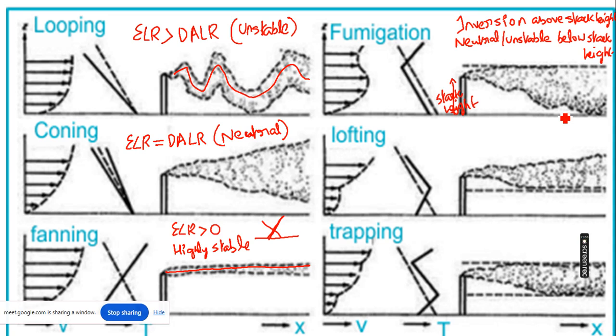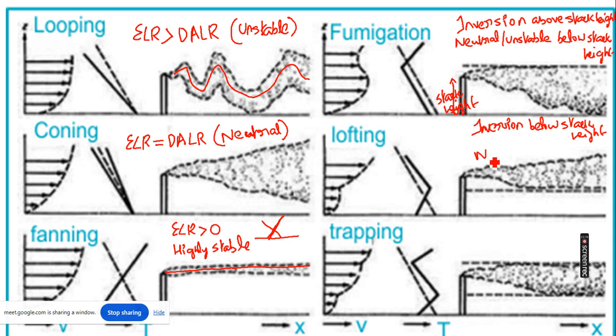Now the fifth one is lofting. Lofting is similar to fumigation, but in this case, the inversion layer is below the stack height. So here, the inversion is below stack height. Instead of above, the inversion layer is present below the stack height.